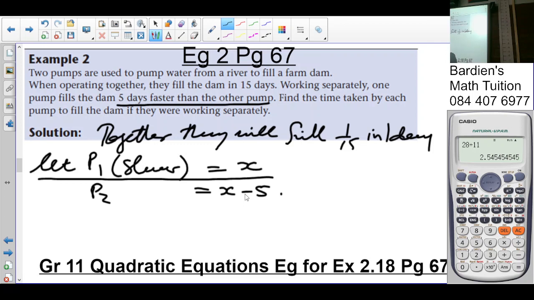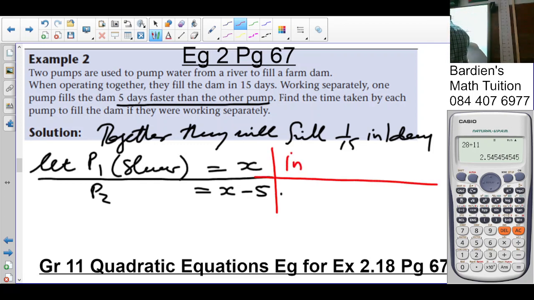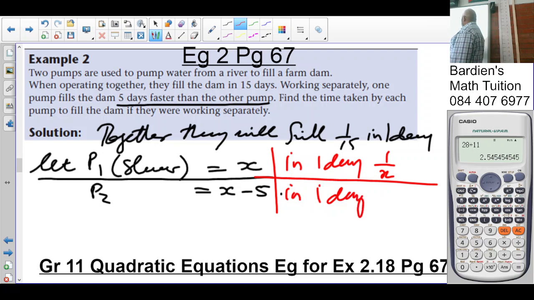Now, in 1 day, how much of the dam will pump 1 fill on its own? 1 over x. In 1 day, how much of the dam would it fill if it works on its own for pump 2? 1 over x minus 5.